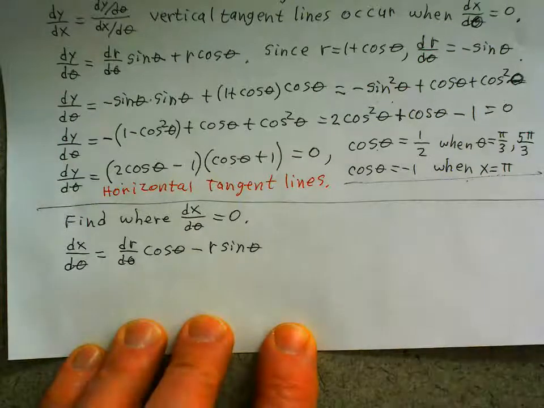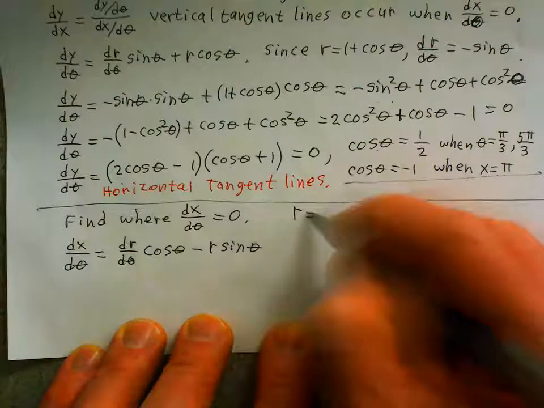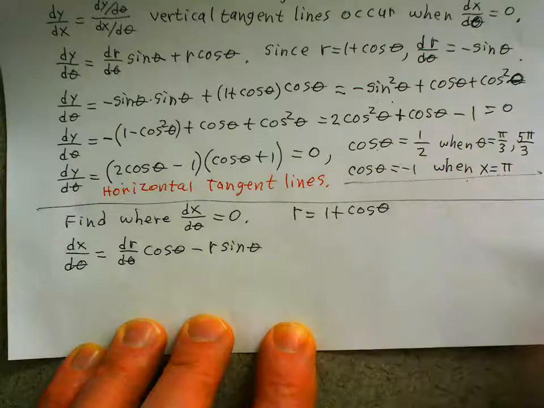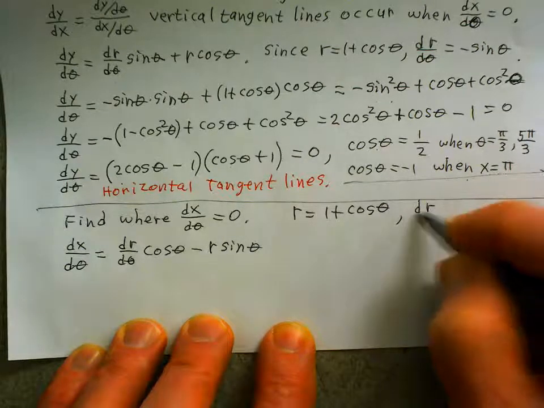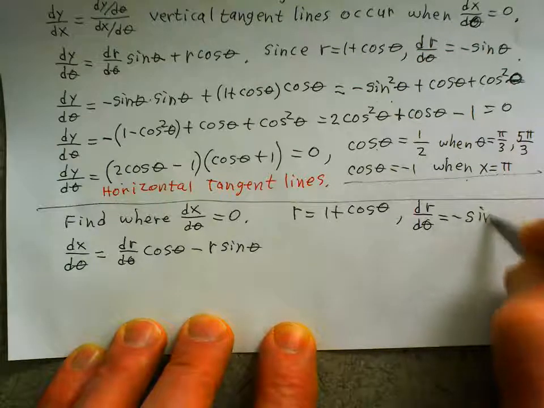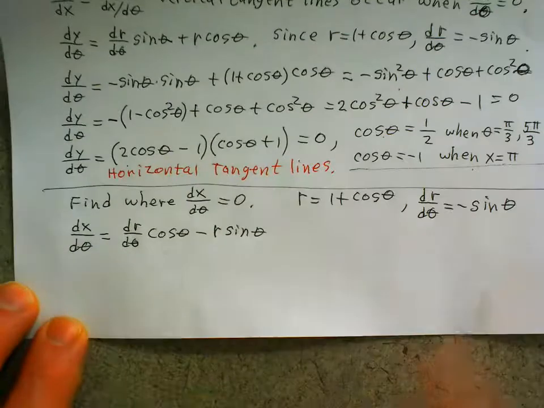So we saw earlier that r is equal to 1 plus cosine of theta, and so dr d theta is negative sine of theta. And then we make substitutions.